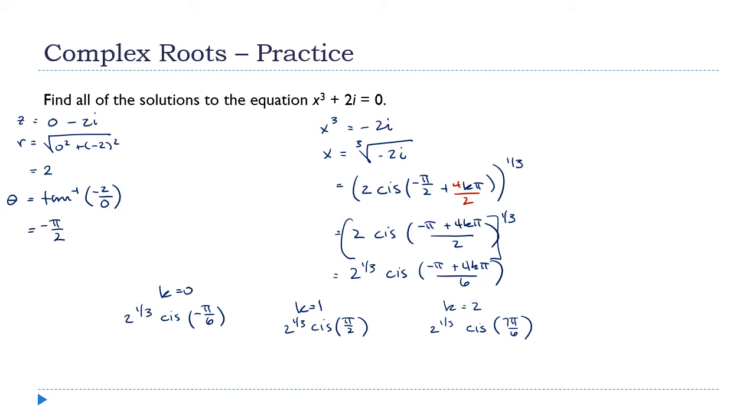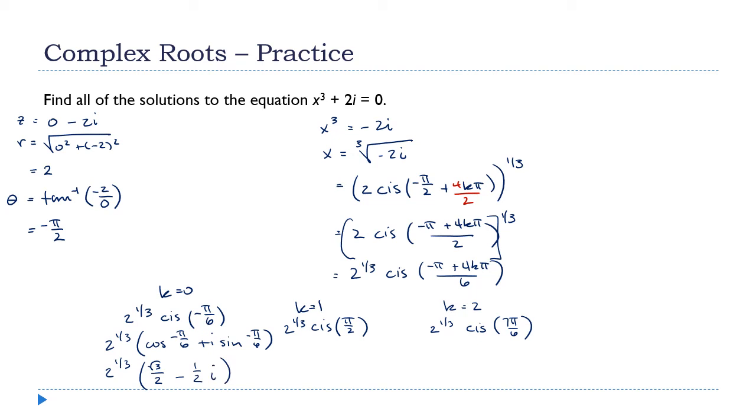Okay. Now, I mean, we can do these. This is 2 to the 1/3 cosine negative pi over 6 plus i sine negative pi over 6. Pi over 6, that's 30 degrees. So this is 2 to the 1/3 times square root of 3 over 2 minus 1/2 i.